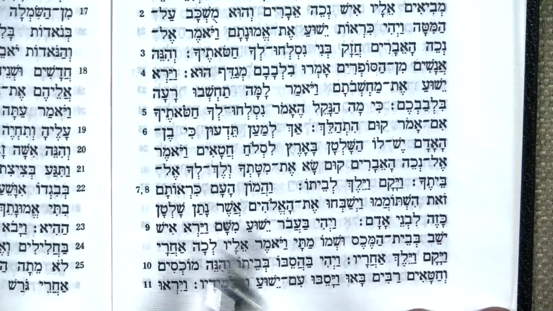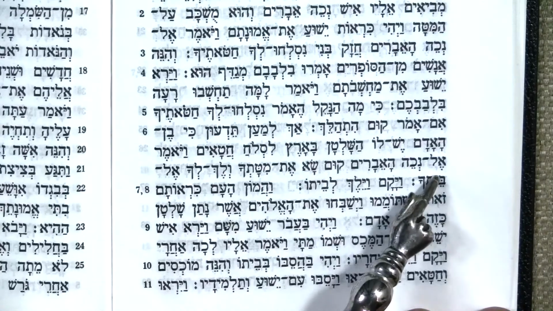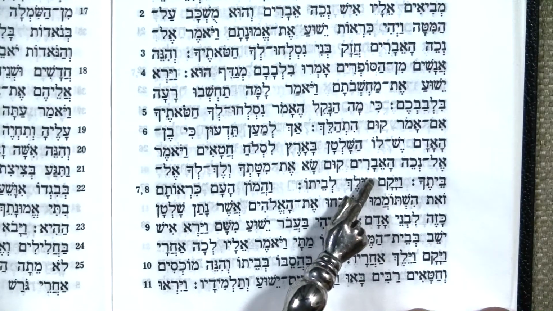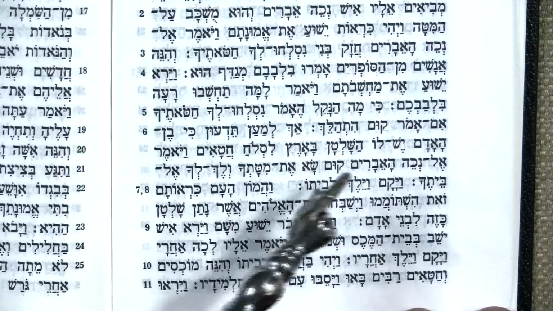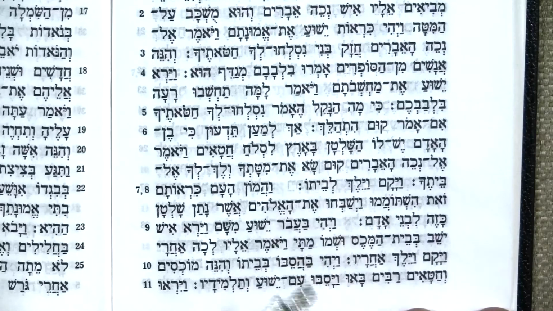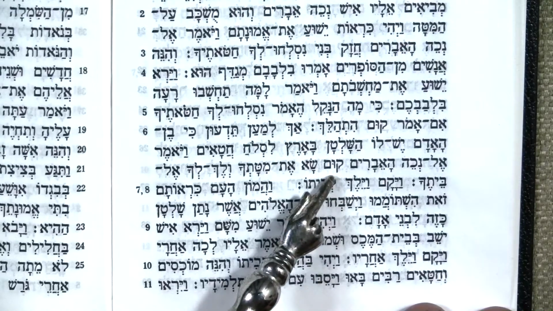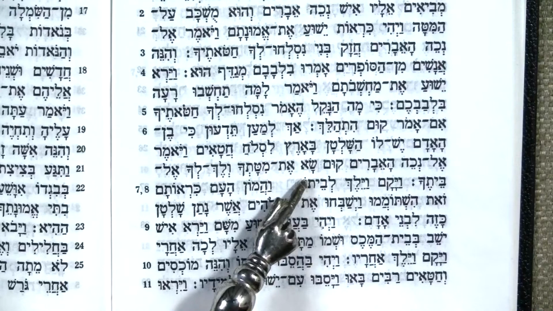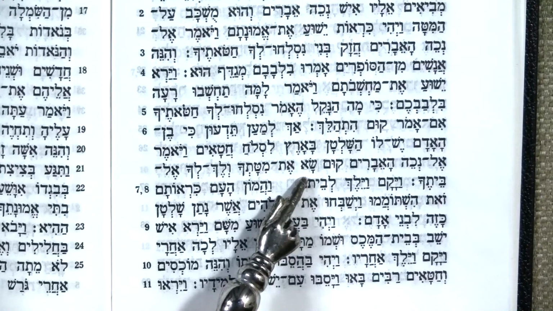Vayomer, and he said, el, to nechei ha'evarim, the paralytic, the one with the crippled limbs, kum, get up. That's also the word for resurrection, by the way. Sa, now the verb is actually nasa, to carry or bear.